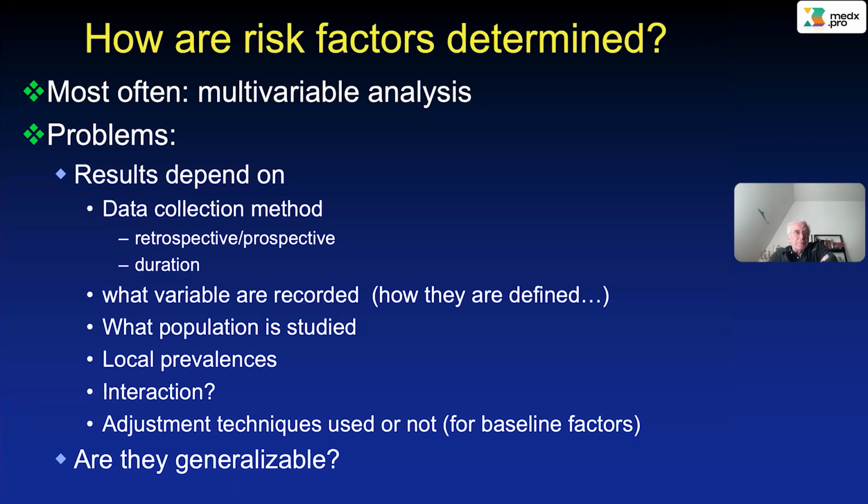In other words, the results of multivariable analysis, as the results of propensity score, depend on how you collect the data, how long you collect the data, and especially what variables you are using, what population you are studying.